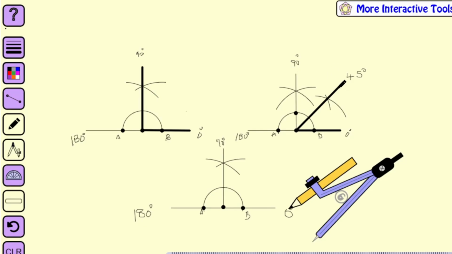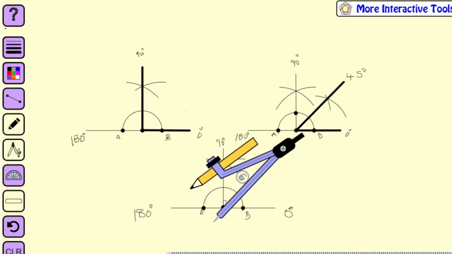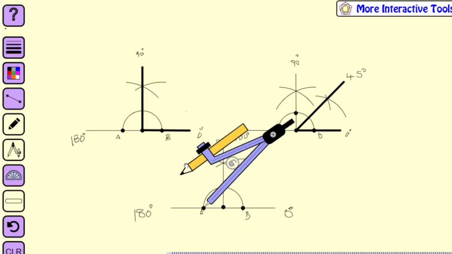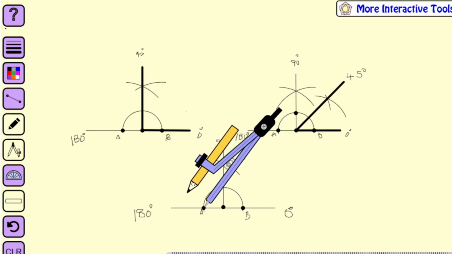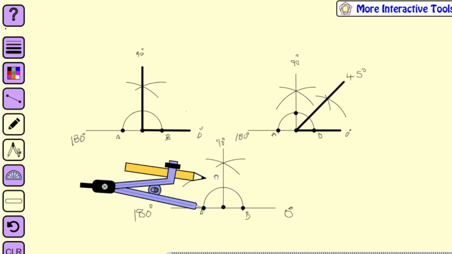We want the opposite, so we're using the opposite of 0, which is 180, and the 90. Understood? Good. So we're using A. That's our first point. Scribing in the middle. Remember, we're in the middle of 180 and 90 in this section. And then the second point is going to be right here where the semicircle cuts 90.